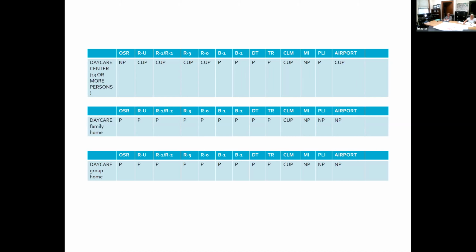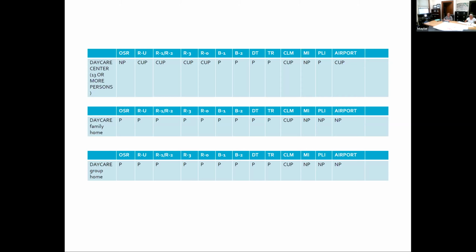But a daycare center of 13 or more persons would require a conditional use permit in our residential districts, but would be permitted in our commercial zoning districts and our downtown. Daycare would be considered a conditional use permit in the commercial light manufacturing zone across the board.